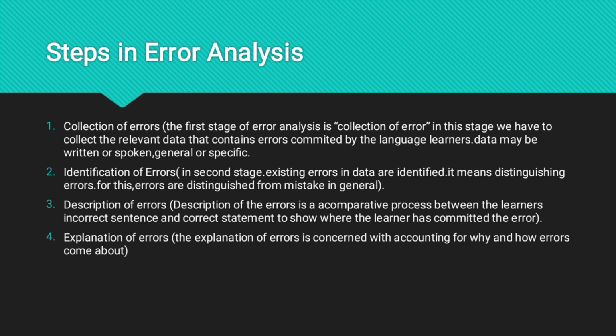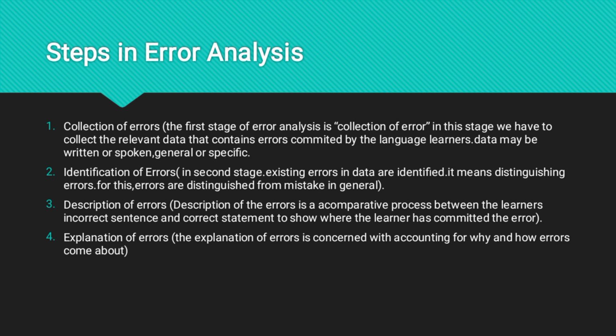Steps in error analysis. The first, collection of errors. The first stage of error analysis is collection of errors. In this stage, we have to collect the relevant data that contains errors committed by the language learners. Data may be written or spoken, general or specific. Next, identification of errors.